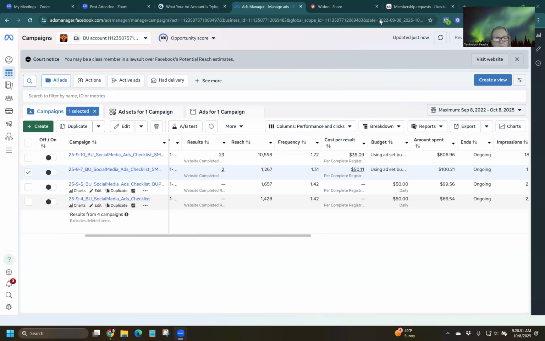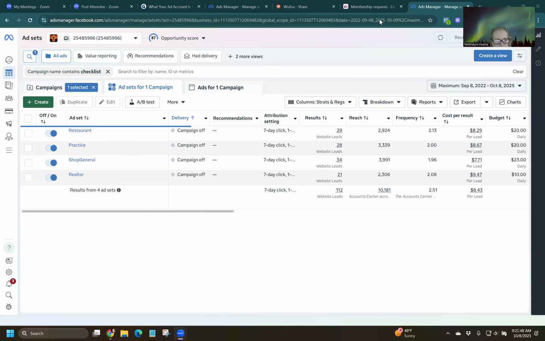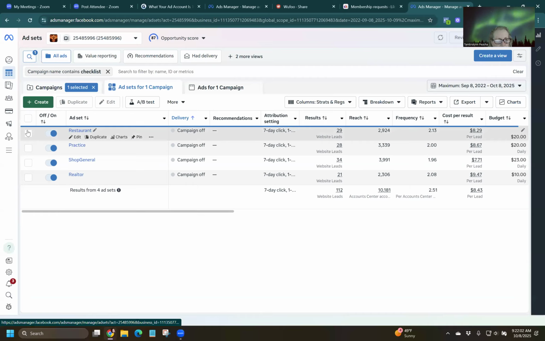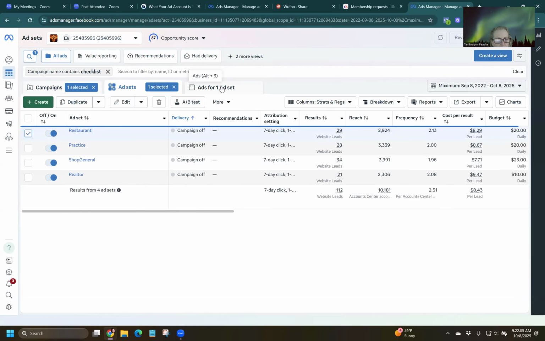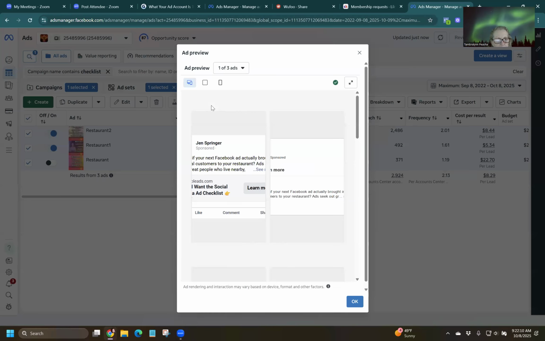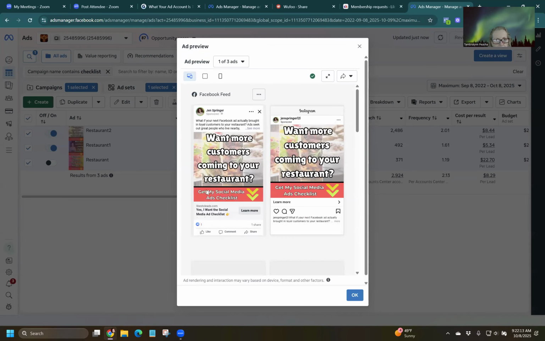Here we go. So what's interesting about this is that different ads will have different KPIs. What I mean by that is, this ad here, I ran it to my own website, and people opted in to get the lead.